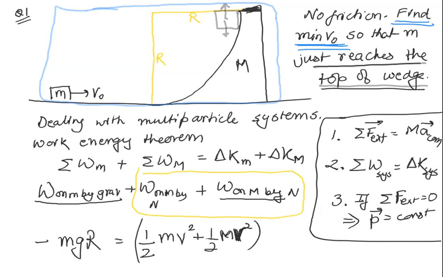And since this surface of the wedge is in contact with the surface of the block, their velocities in this direction must be same. Otherwise the contact will be lost. So at the topmost point, the velocity of the block and the velocity of the wedge have become the same value.